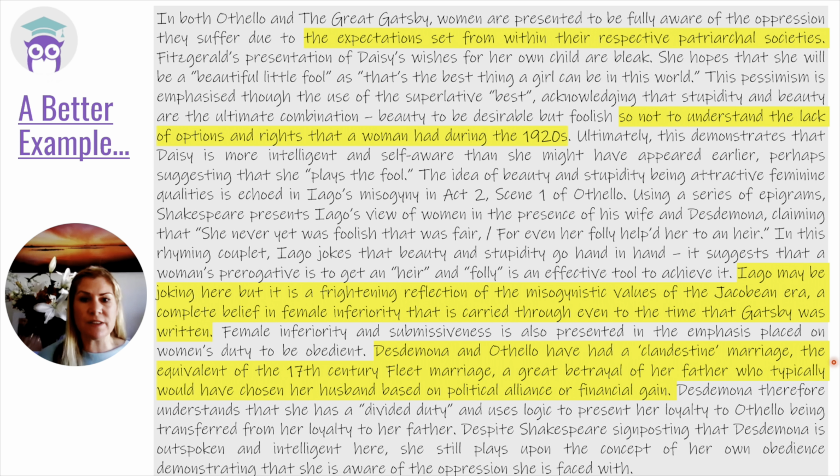I'm not just saying expectations of the time period. I've actually given something very specific about types of marriages, and I've used that to inform the rest of my analysis about Desdemona's divided duty. So that is how you integrate your context much more naturally and in a much more integrated way.